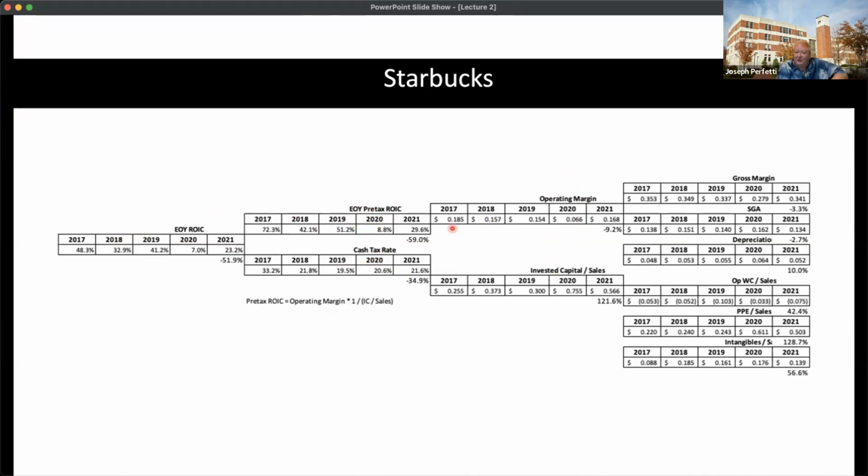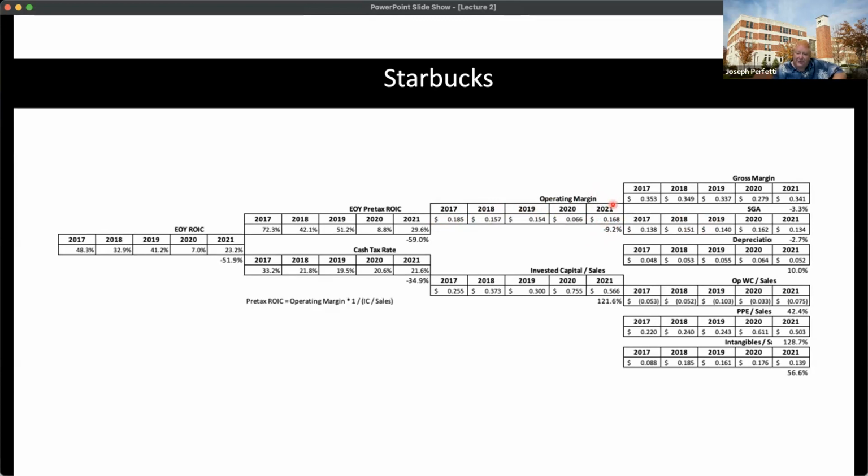In 2021, selling the same products, they made 16.8 cents, a drop of 9.2% in their margin over 5 years. Over 5 years, is this better or worse? Going from 18.5 to 16.8. It's worse. So they are making less on every item that they sell. That's one of the reasons why their pre-tax ROIC went down.